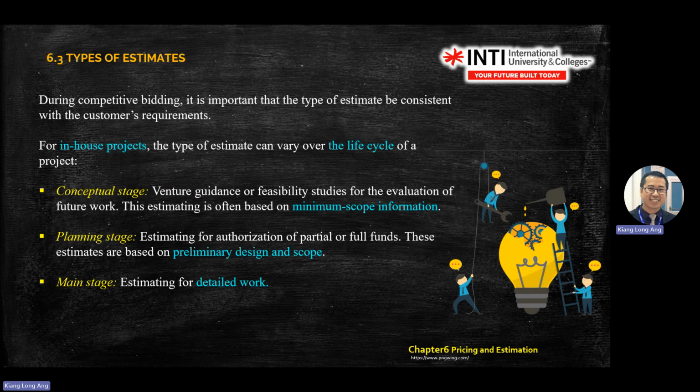This is when you start the project, you build a team, you start with the concept. Concept means the scope of what you want to do or where you want to go, which plot of land you want to see, what type of building you want to build, whether residential or commercial buildings. That's a concept, right?